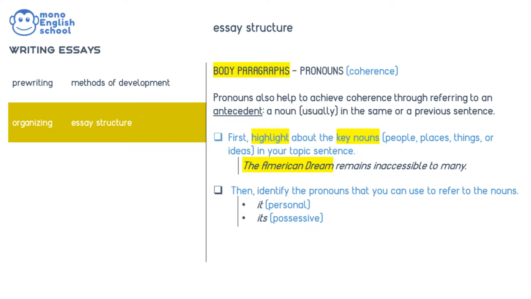In our example, the key noun is the American dream. Then, you can identify the pronouns that can be used to refer to the noun throughout the paragraph. Here, it would be it as a personal pronoun in both the subjective and objective case, and it would be its in the possessive case.